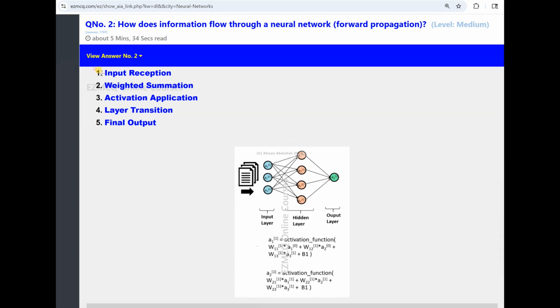So, input reception. What happens in input reception? This is where the forward propagation starts, the input layer. Raw data like images, numbers, documents in this case, or audio enters the input layer of this neural network, and each feature passes through the corresponding neurons.